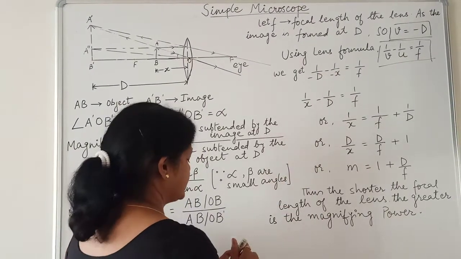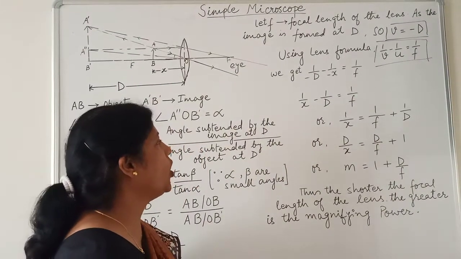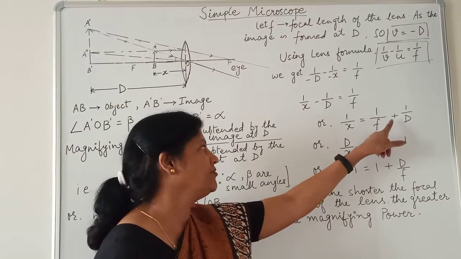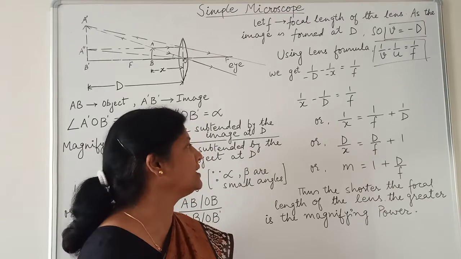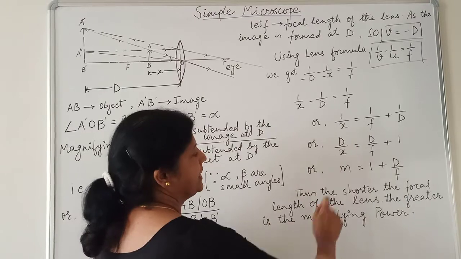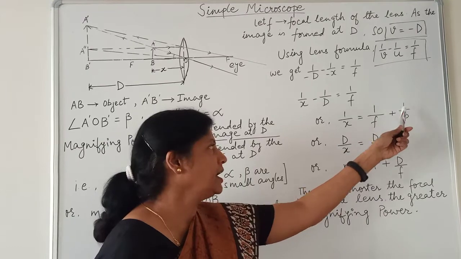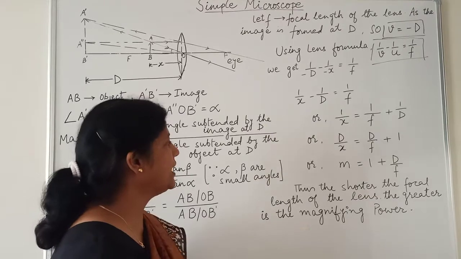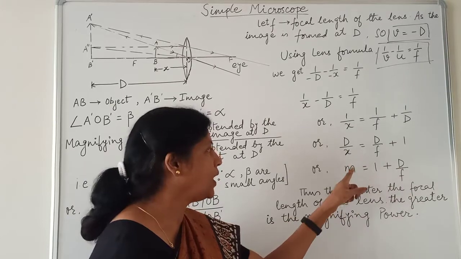So 1 upon X minus 1 upon D is equal to 1 upon F, or 1 upon X is equal to 1 upon F plus 1 upon D. Multiplying both sides by D, we get D upon X is equal to D upon F plus D upon D, which is 1, so we can write M is equal to 1 plus D upon F. Why M?